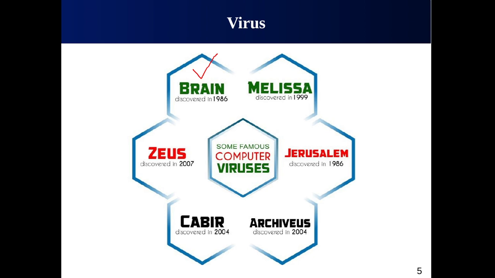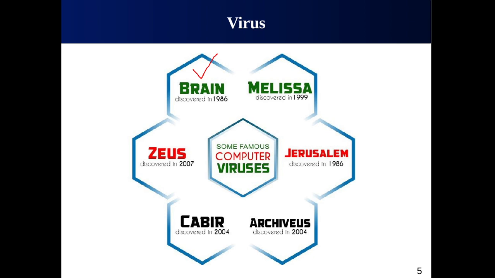And then we also have some other types of viruses mentioned here, like Melissa, Jerusalem, Archive, Zeus, a very important one, and others like the Sobig virus, the Rombertic virus, which was discovered in 2015, and plenty of others.